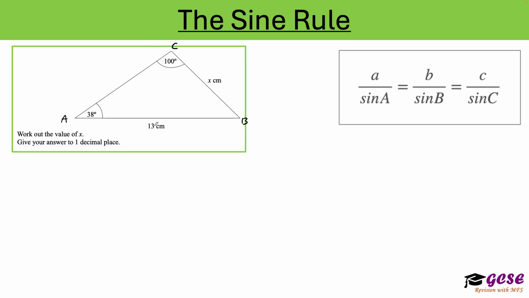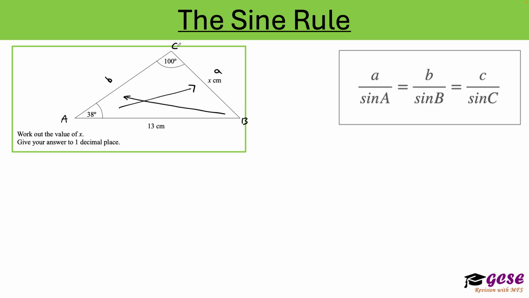Now the next step is that you need to label your sides, and your sides should be labeled in lowercase letters. So if we have a capital A over here, the side which is opposite it is going to have a lowercase a. If we label this one as B, the side which is opposite it is going to be labeled lowercase b.